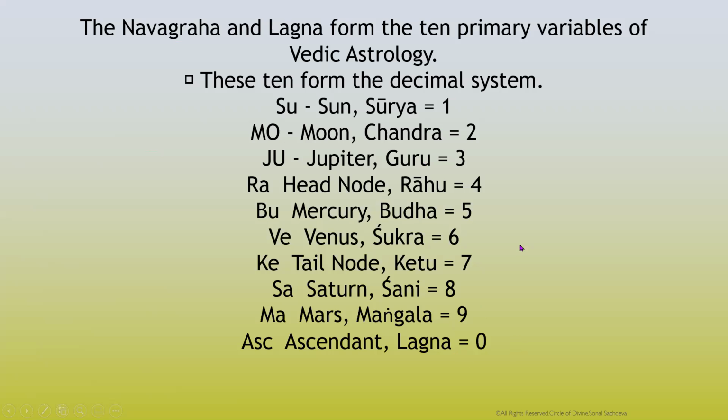So let's say you have a business, some kind of consulting business, and your Jupiter is the third lord and it's exalted. Then you would want to charge, whatever you charge, let's say 300 pounds, rather than 200 or 150 per consultation.